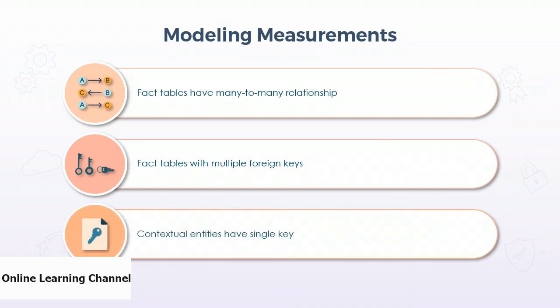The dimensions, or contextual entities, such as thermostat manufacturer, have a single primary key that's mapped as a foreign key in the fact table. So manufacturer ABC of thermostats may be a record in a manufacturer table with a text field for manufacturer name that's ABC in this case.